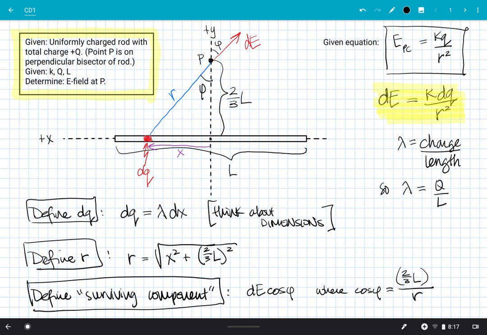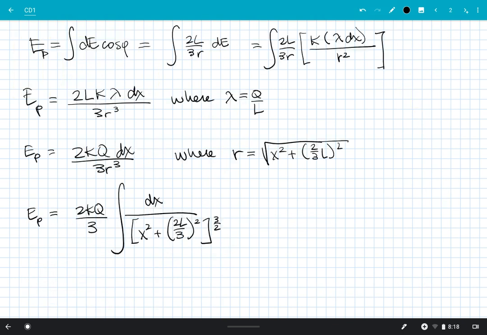So I would start at x equals negative L over 2 and finish summing at x equals L over 2. Remember that the bounds of your integration always relate to what you're integrating with respect to. In this case, we're integrating with respect to x, the most straightforward choice.